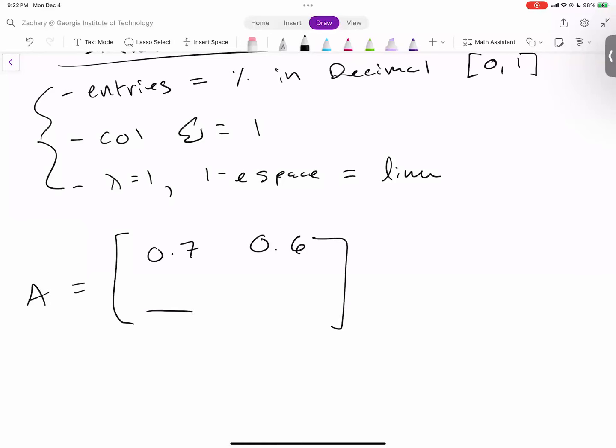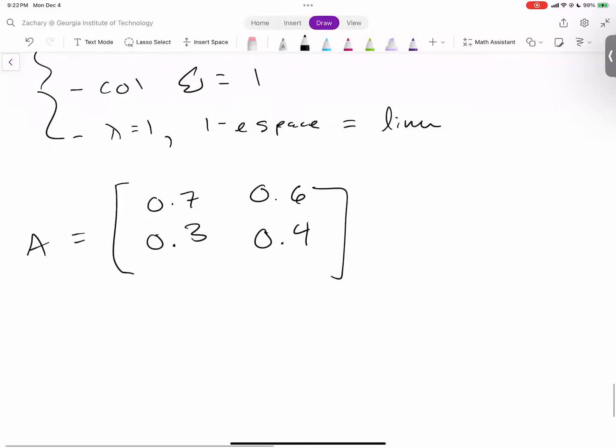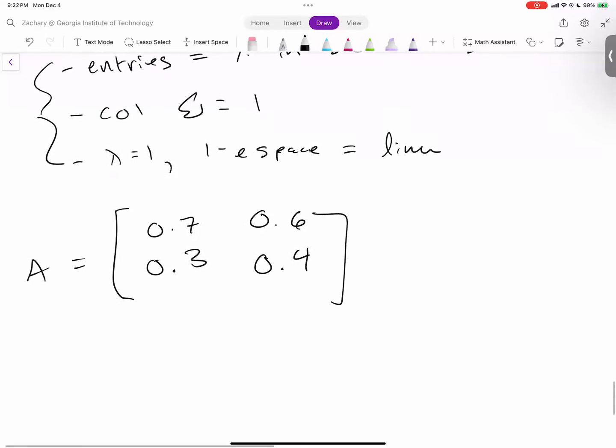Do I know what goes here? It's 2 by 2. What must it be? 0.3, and this one must be 0.4, because my columns have to sum to 100%, or the number 1. So we use this fact that A has a 1 eigenspace, which is a line, which is where we get our steady state vector, W.